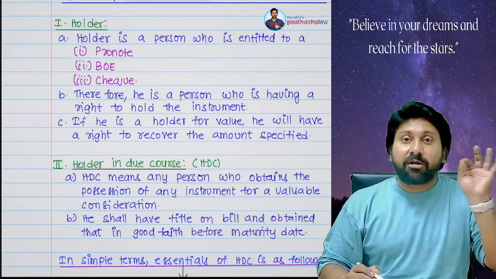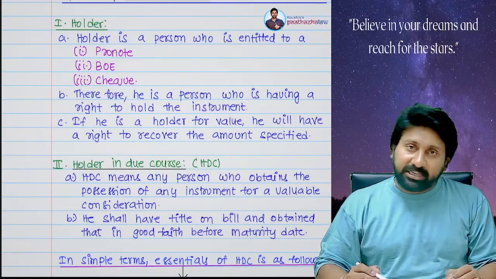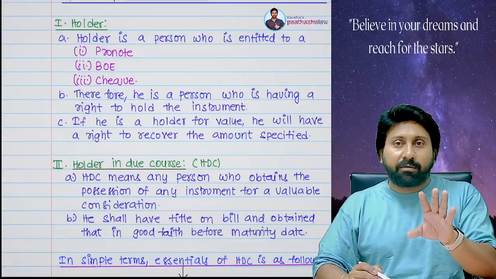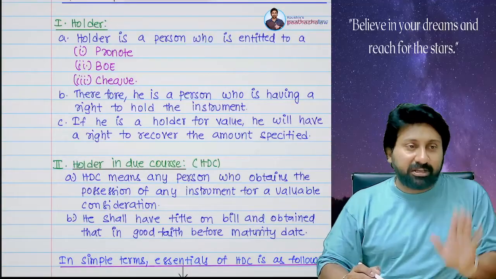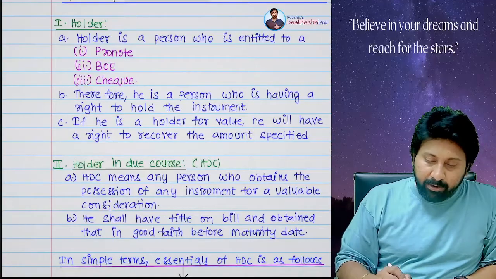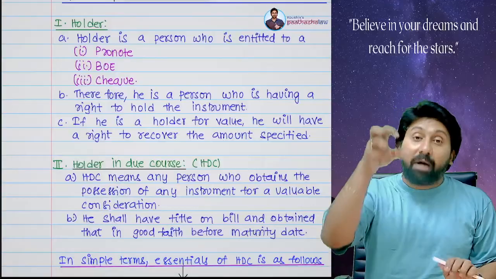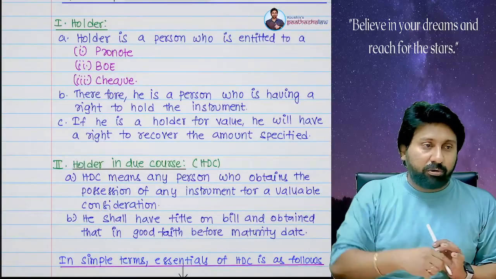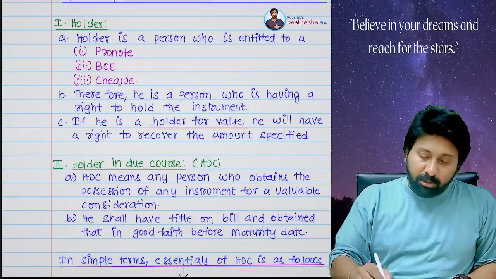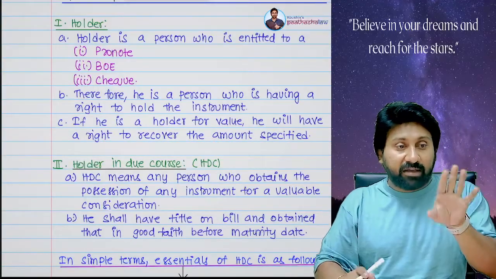A thief who steals a bill of exchange, check or promissory note will never become a holder, because the check was not given to him. Next, if he has a right to hold the instrument, then he becomes a holder. In that, if some amount is receivable to you, then you are called a holder for value. Now you can recover the amount also. Not just having a right to hold, you can also recover the amount.